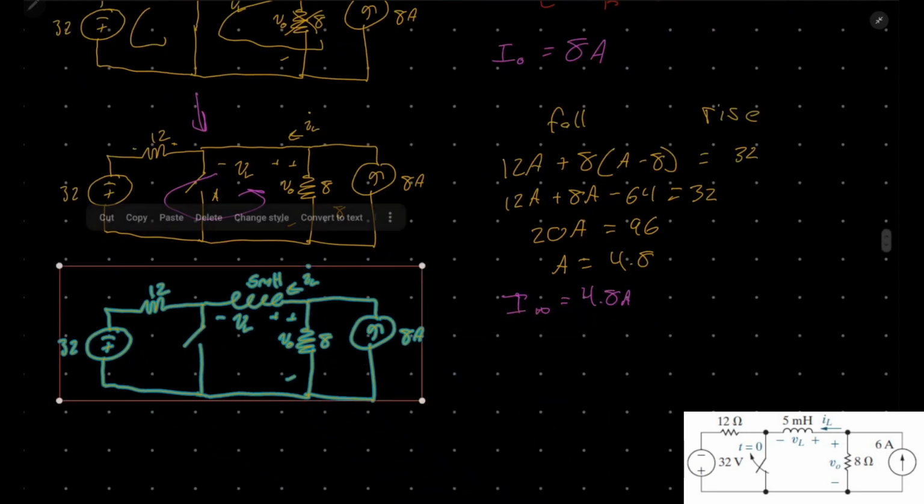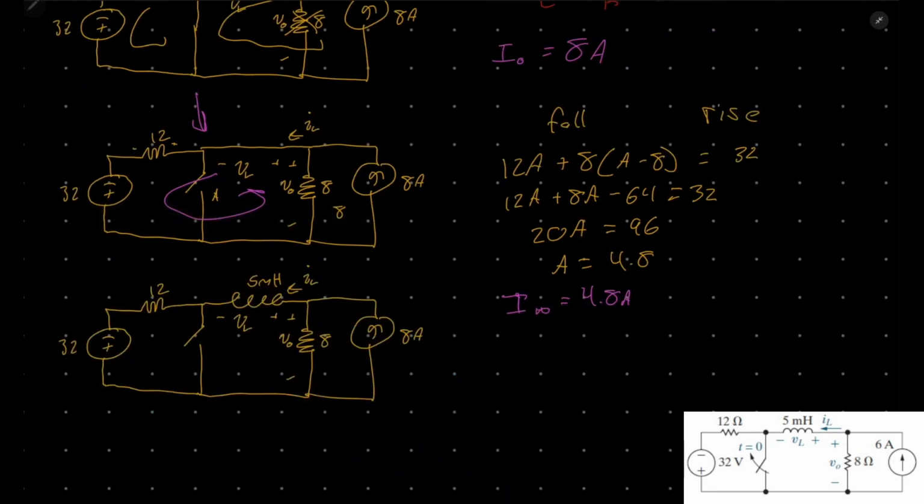I'll just place a new circuit. When our switch is open, we can see that our inductor sees our 12 ohm resistor and our 8 ohm resistor. To help visualize this, we can shut down our current sources, which will make it a bit more visible. So you'll see our 12 and our 8, and those are in series, so we'll have 12 plus 8 equals 20 ohms.